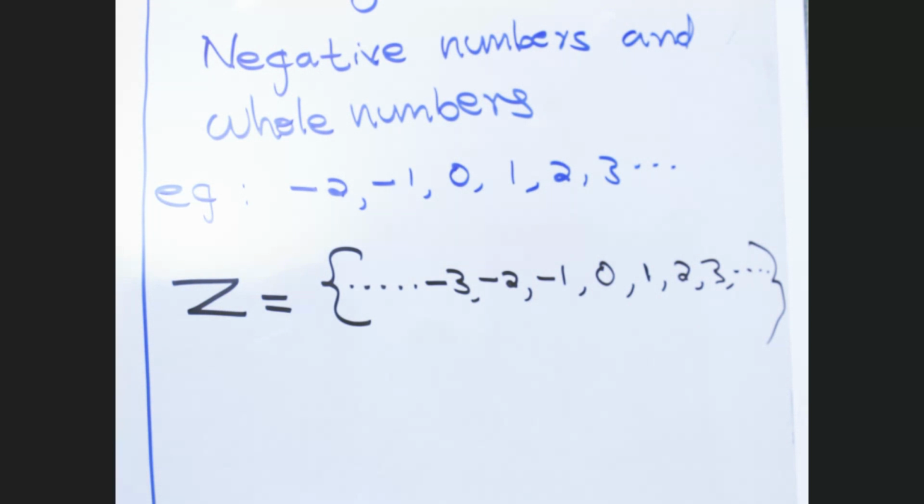So integers include all the negative numbers, all the positive numbers and zero.